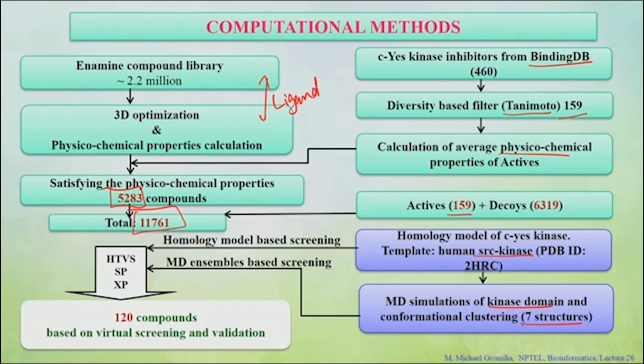Take these as proteins. Then with these ligands and these proteins, we can do docking, because now we have significantly reduced the ligands. We can use high throughput virtual screening, standard precision or extra precision. We will do all these screening methods to get the final compounds, say 120 compounds.